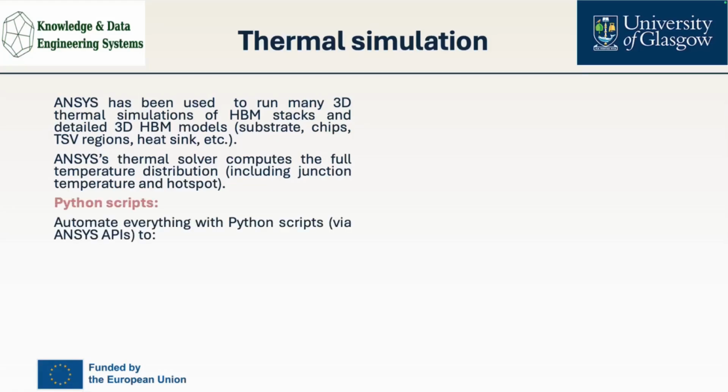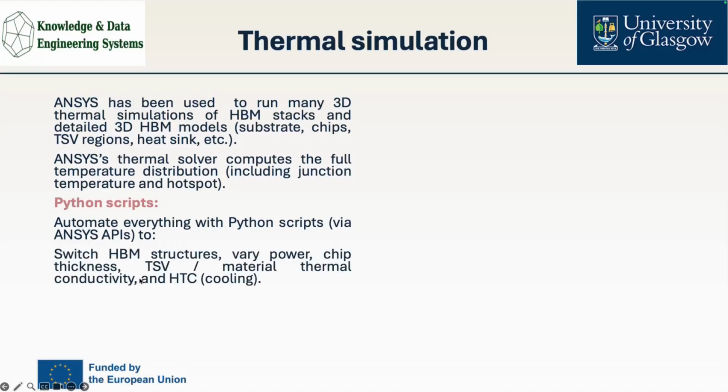Actually, as we said, we need to have thousands or tens of thousands of samples. So they used a Python script to automate the process of generating samples or simulation runs from the ANSYS app.